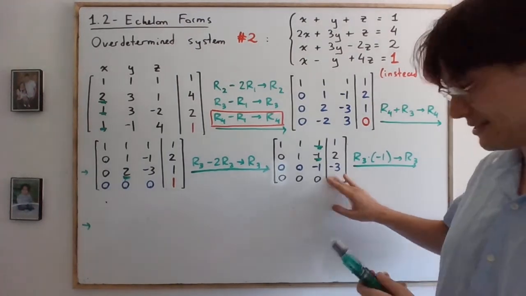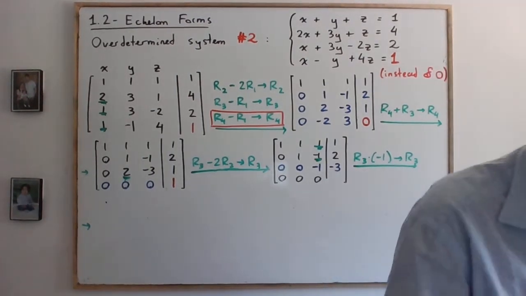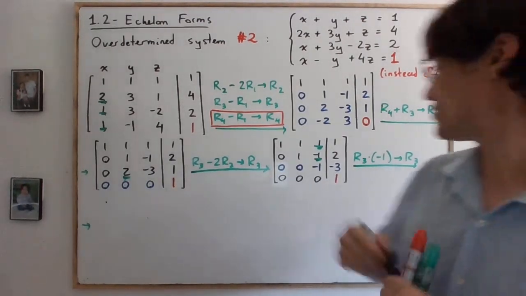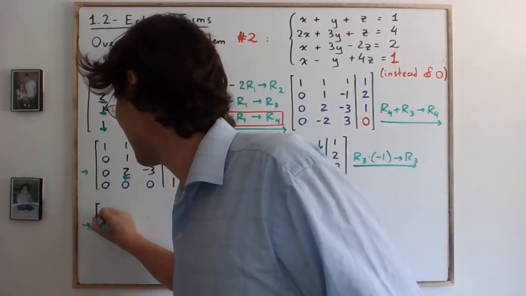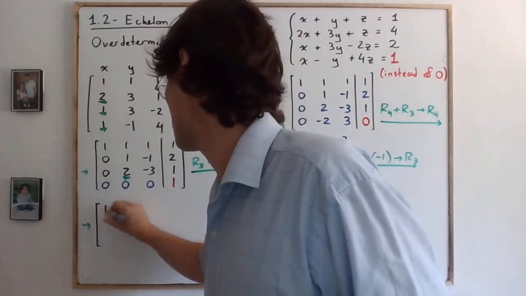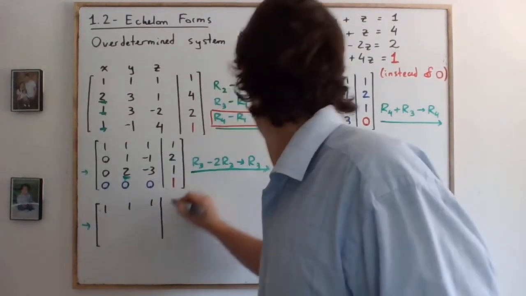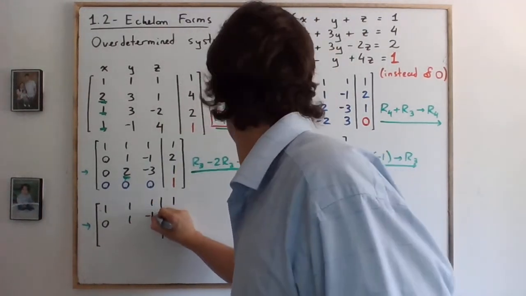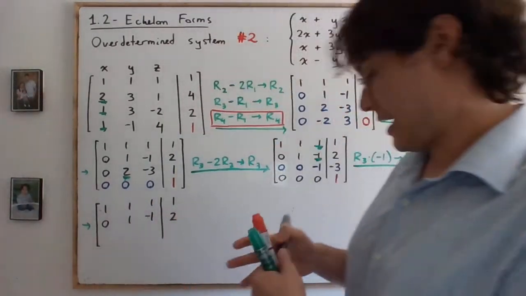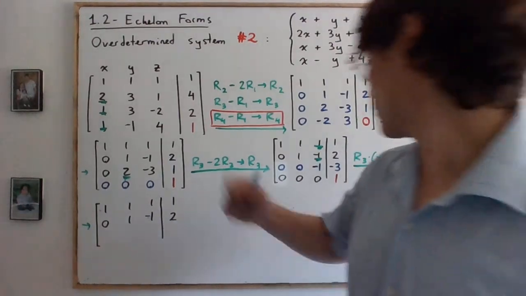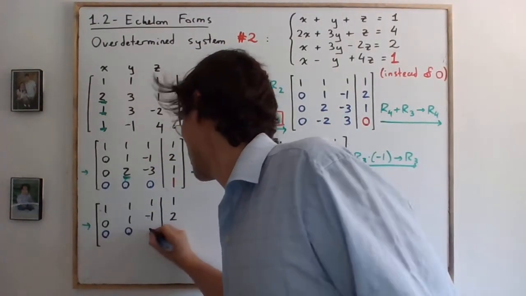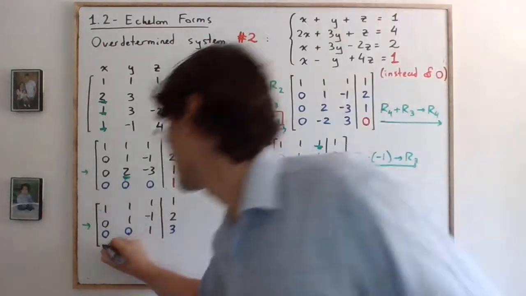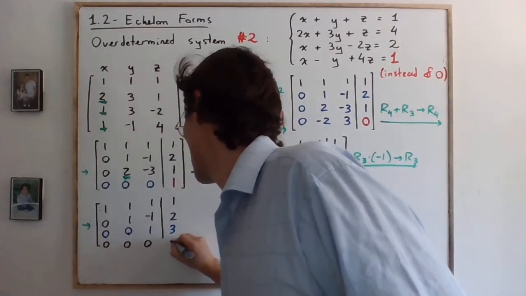I should correct this. This is 1 now. And now the matrix that you get from here is exactly the one that is in the notes. So 1, 1, 1, 1, 0, 1, negative 1, 2. And the only row that's changing is the third row. And we have 0, 0, 1, 3. And finally, 0, 0, 0, 1.